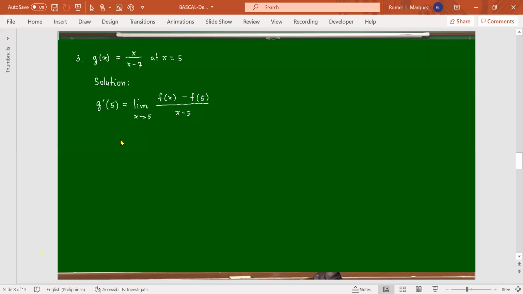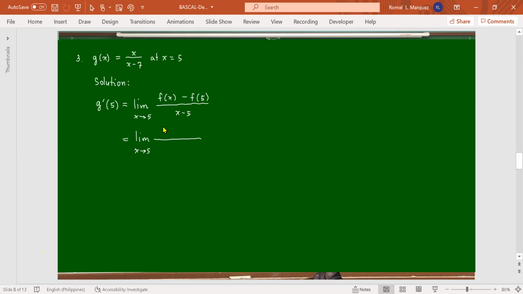Okay, guys? Am I correct? This is my a. So the limit as x approaches 5 of, what is my f of x?